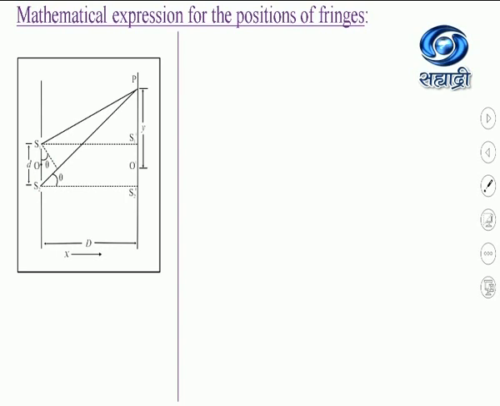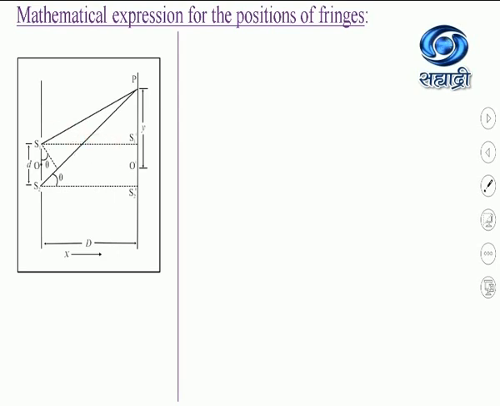So when the waves from S reach S1 and S2, they start emitting waves. We consider the wave emitted by S1 and traveling towards O dash, and the wave emitted by S2 and also traveling towards O dash. These two waves travel equal paths to reach point O dash on the screen.